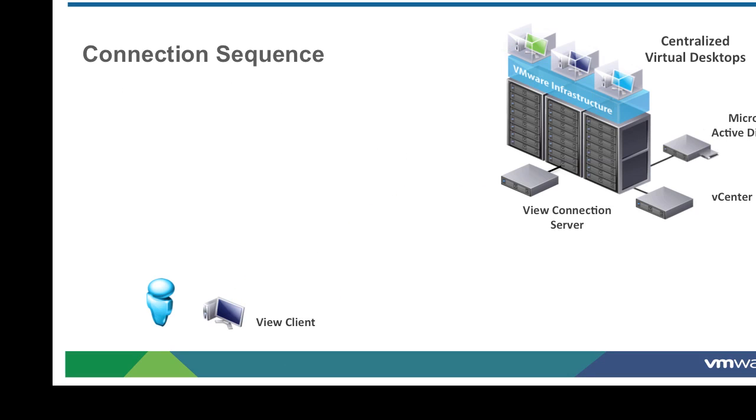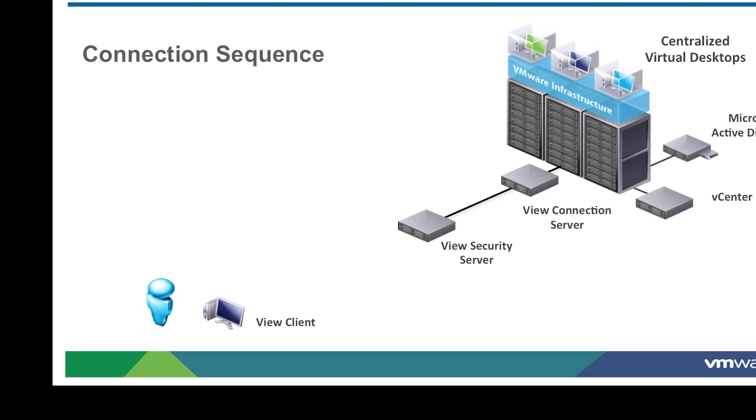With View 4.6, specific PC over IP security server support has been added, and I'll show you how this works. Again, we show a security server paired with a connection server. This pairing is done at installation time.